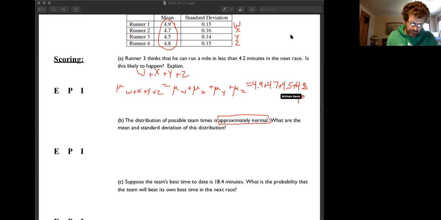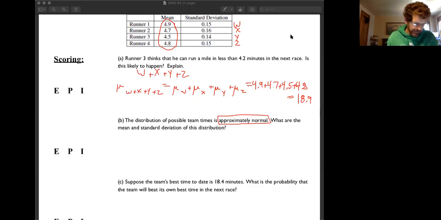Is that what you guys are getting? All right. All right, so assuming that's correct, there we go. 18.9 is the mean of all the runners added together.